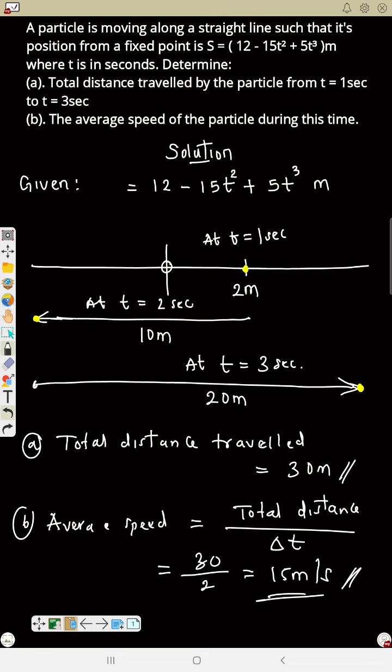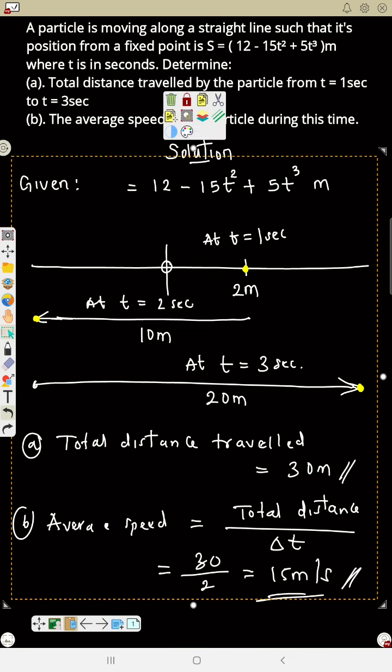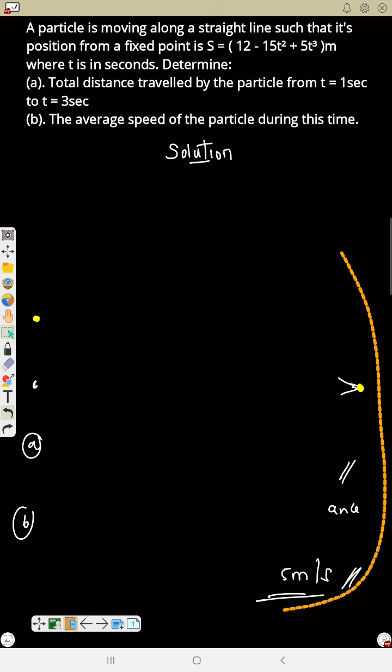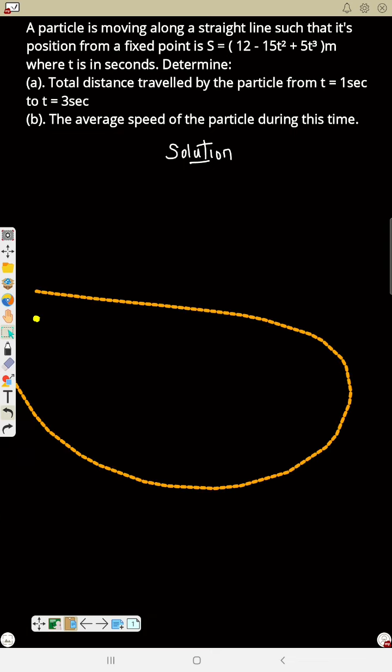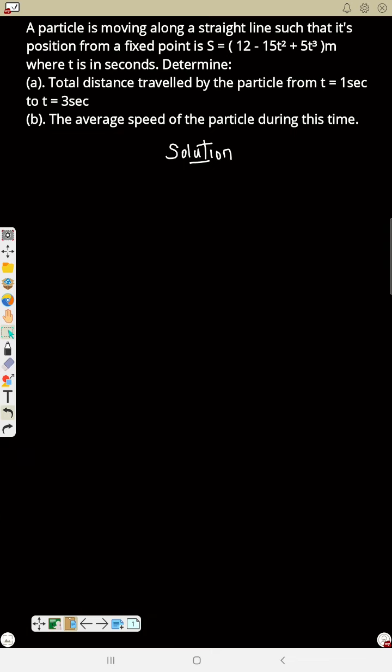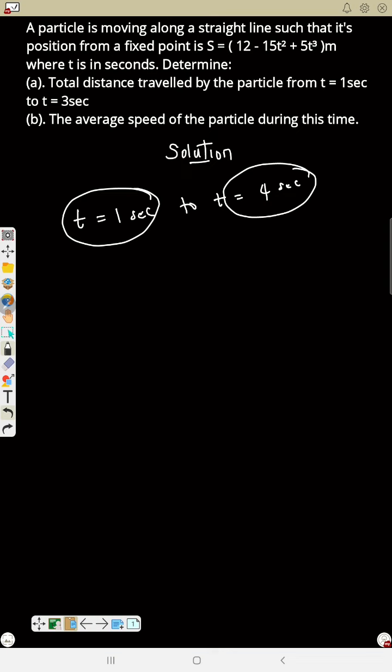The point I can give here is that a time interval does not mean the object will jump from one interval to the other. That means if I say the time interval is from t equals 1 second to t equals 4 seconds, that doesn't mean you should take t equals 1 and t equals 4 to find distance.